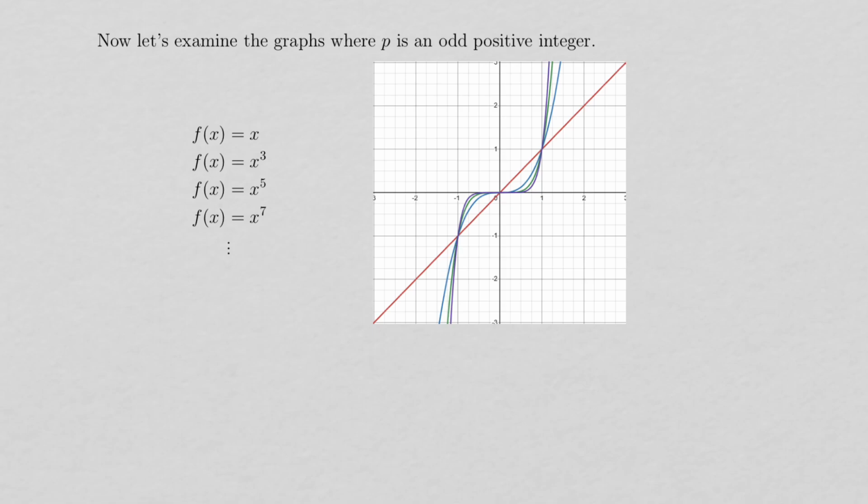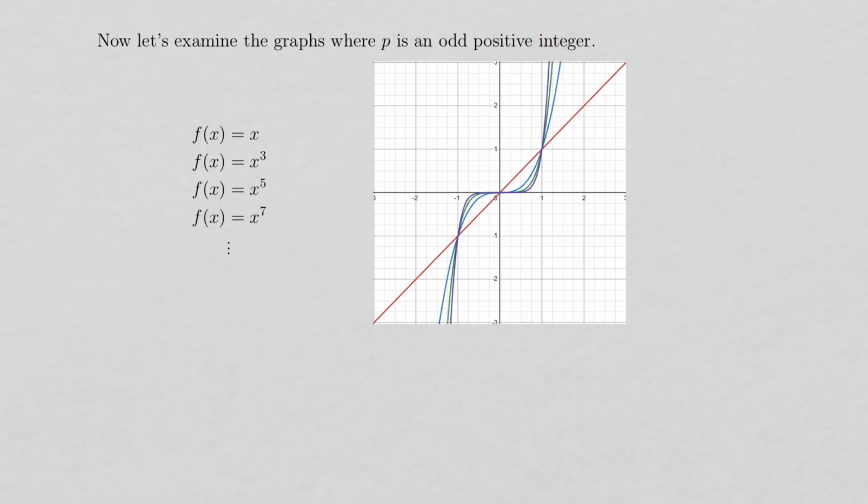Notice that as the exponent increases, when I'm greater than 1 or less than negative 1, the function just grows faster. This is x to the 1, this is x cubed, this is x to the 5th, this is x to the 7th. It grows faster and faster.